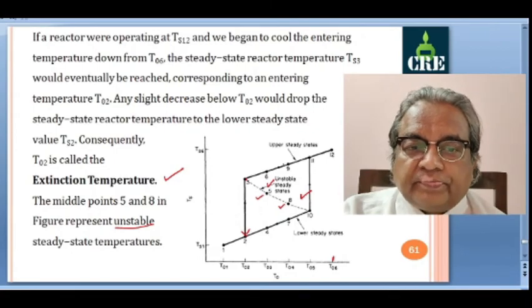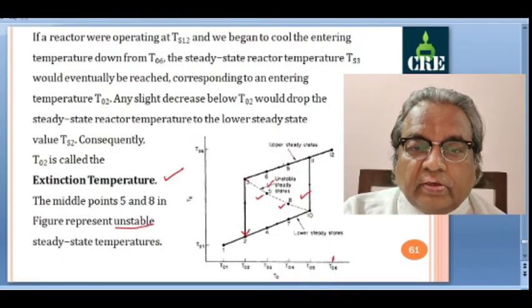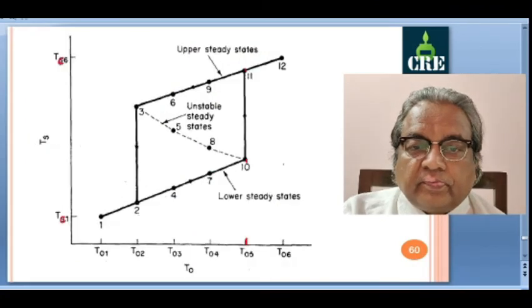So we have seen extinction temperature and ignition temperature.